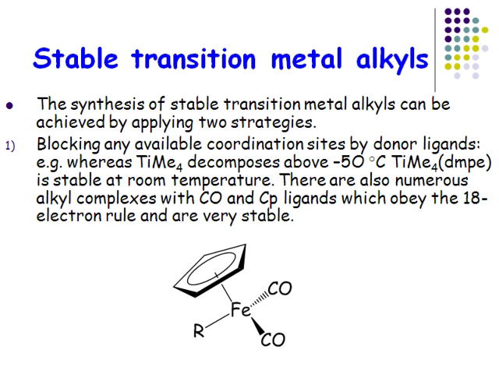Now, if you go to compounds of CO and cyclopentadienyl ligands from metals from about chromium to the right of the periodic table, metals that have already got a fair few electrons of their own, then you'll find there that all the transition metal alkyl compounds that you isolate are 18 electron compounds.